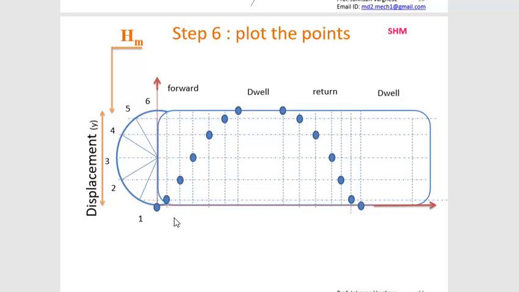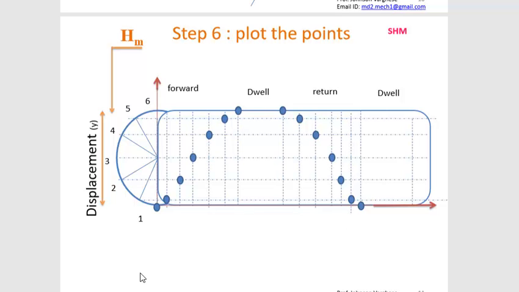Similarly, I will find the second vertical line and second horizontal line, and wherever they intersect, that becomes my second point. Now my third vertical line and third horizontal line, wherever they intersect, that becomes my next point, and so on with the other points. Similarly, I can locate the points for the return stroke as well.